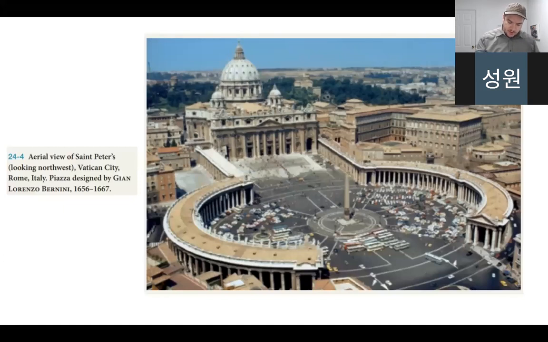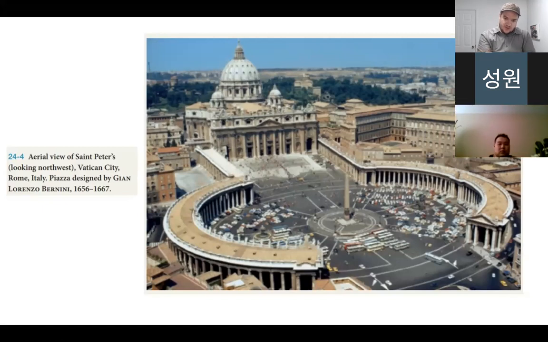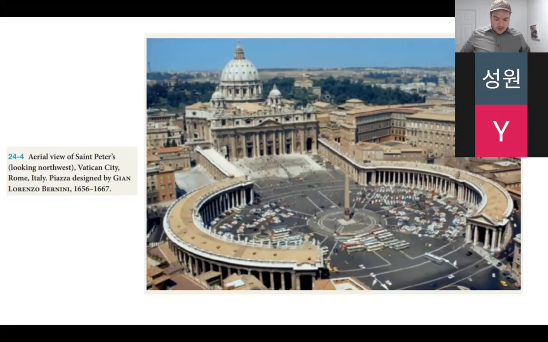The main purpose of the Baroque period was this: after the Protestant Reformation, when the Protestants broke off of the Catholic Church, they were pretty successful, and that was all going on in Northern Europe. But down in Italy, they wanted to reinvigorate the domination of Catholicism, so they started the Counter-Reformation.